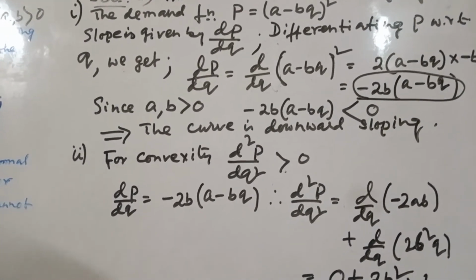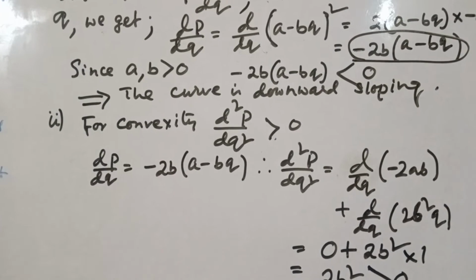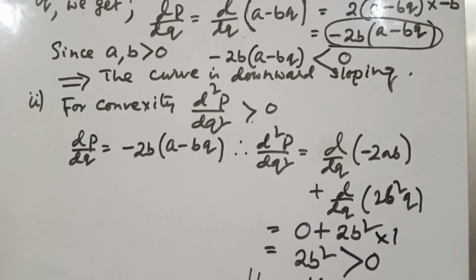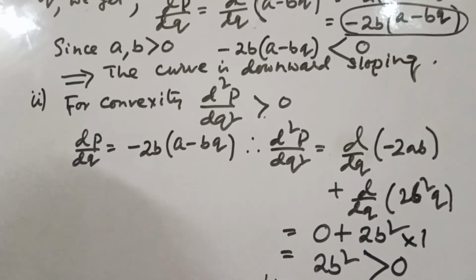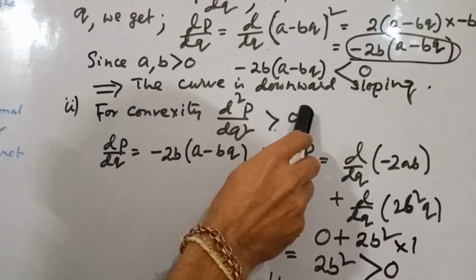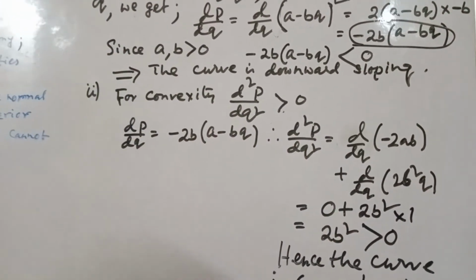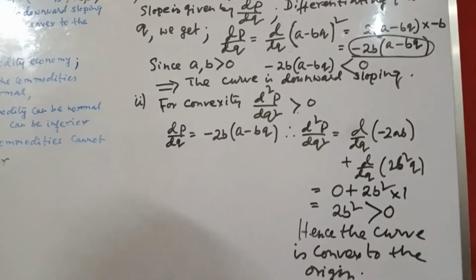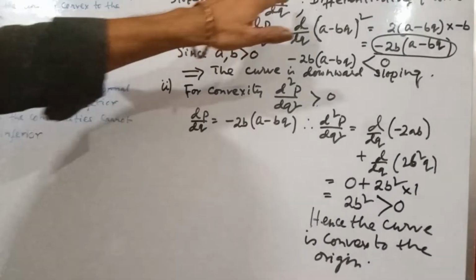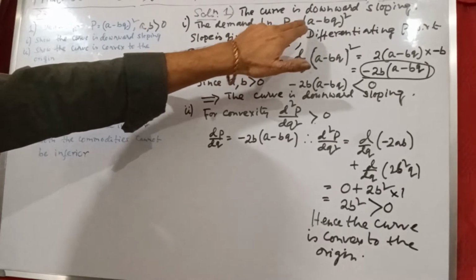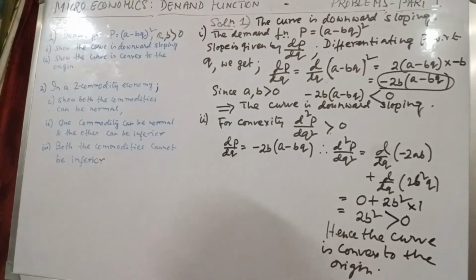In the second part, we have to show the curve is convex to the origin. For convexity, d2p/dq square must be greater than 0. This means we have to take the second order derivative of the inverse demand function p equals (a minus bq) whole square.